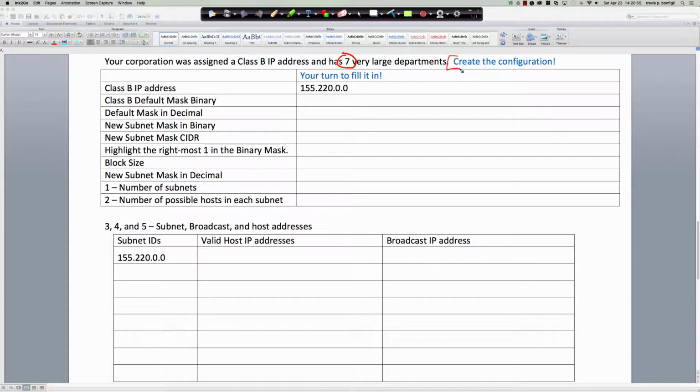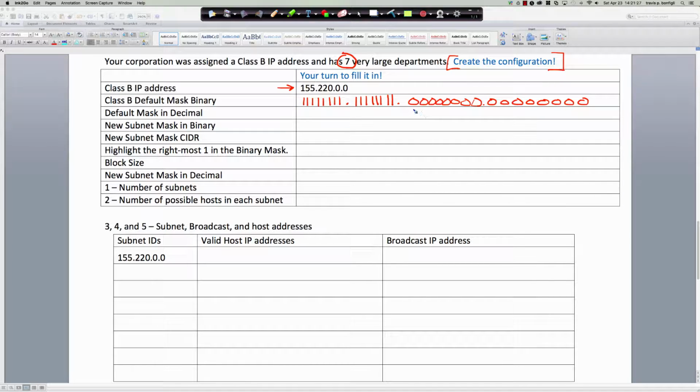So create the configuration. So here's our subnet, or the Class B IP address space that we're being given, I should say. Now, what is the Class B default mask in binary? It's 8 bits dot 8 bits, and that's it, /16. So the next 16 bits are all zeros.